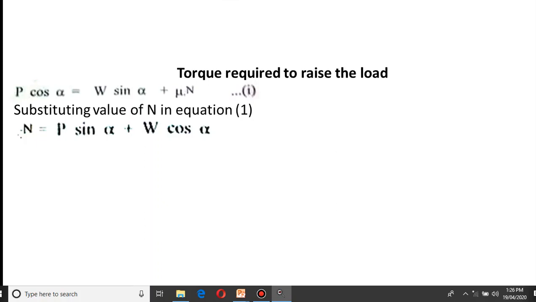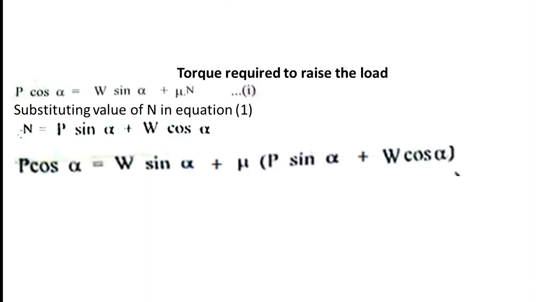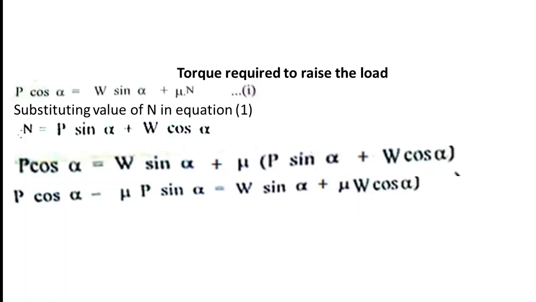What I'm going to do is substitute the value of N in the above equation. So the value is equal to W sin alpha plus mu into P sin alpha plus W cos alpha. Next, I'm going to bring all the P values together and W values together.